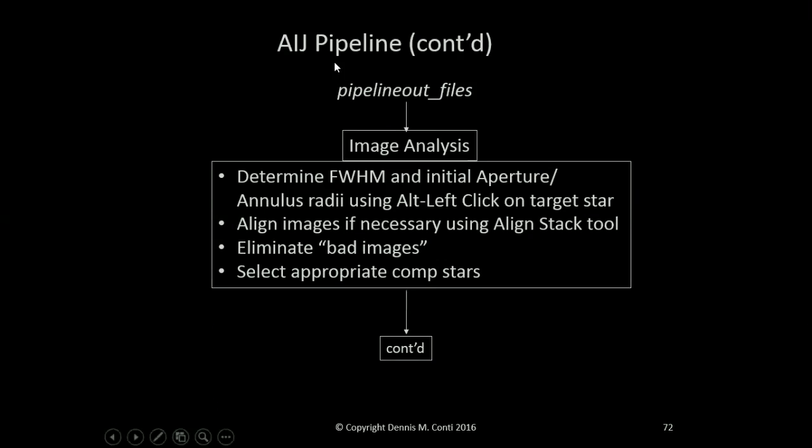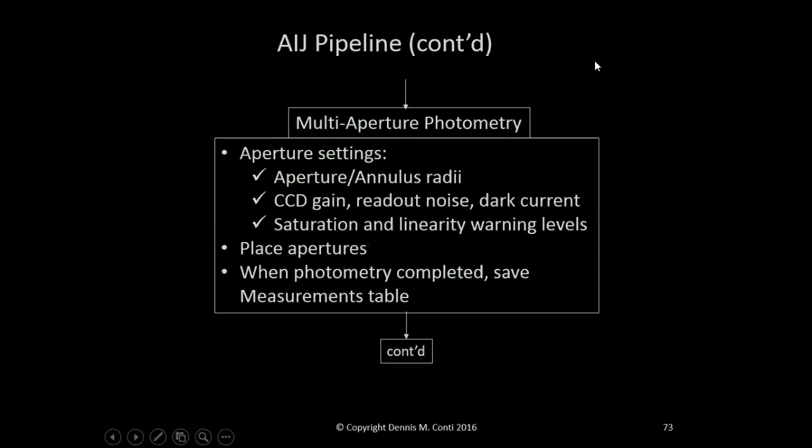And in so doing, what we'll be doing with the aperture photometry is setting the aperture and annulus radii, setting certain information about our CCD: the gain, read noise, dark current. These pieces of data are used by AstroImageJ to compute some of the error measures.